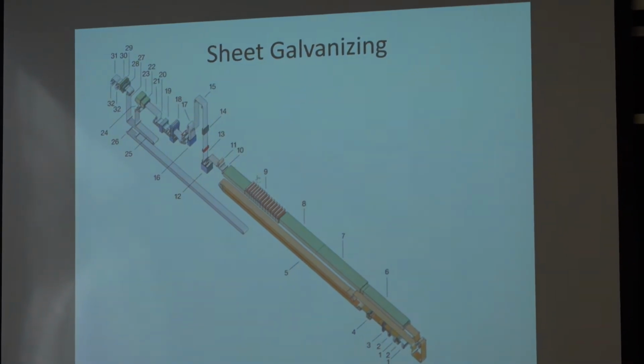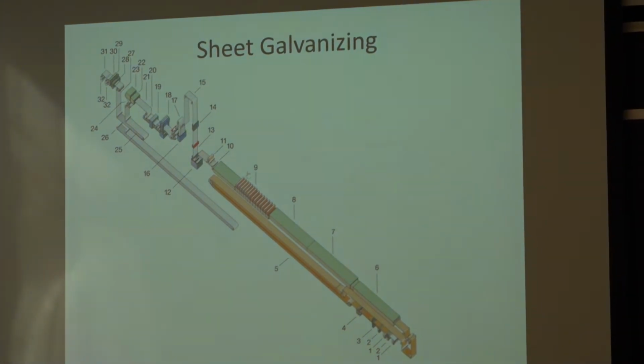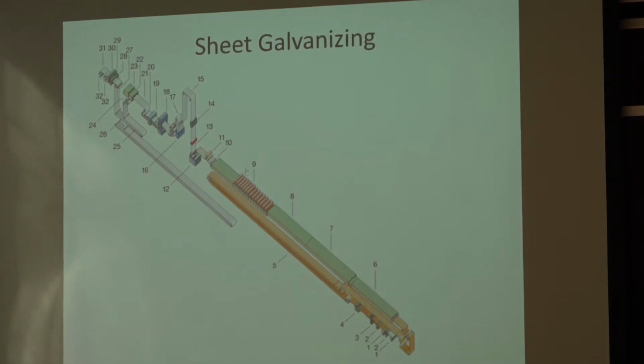What happens with the galvanizing is it's thrown into a liquid bath, but then it's heat treated. And what the heat treatment does is two things. It does the degassing, so it gets all the extra components out of that coating, but it also creates a roughness because there's a transformation taking place, an oxidation of the surface that creates a really good roughness for the paint to adhere to.